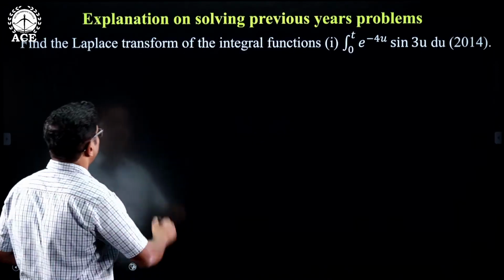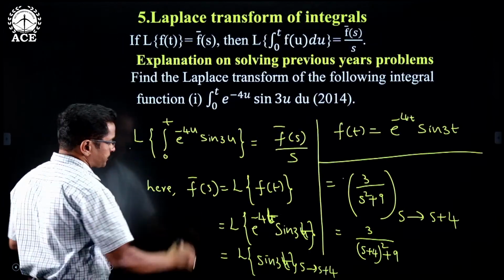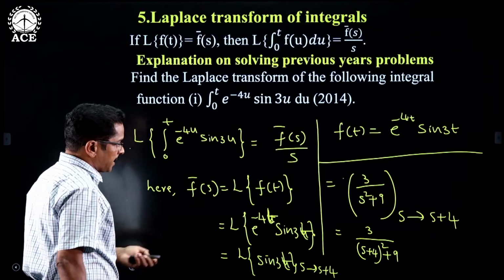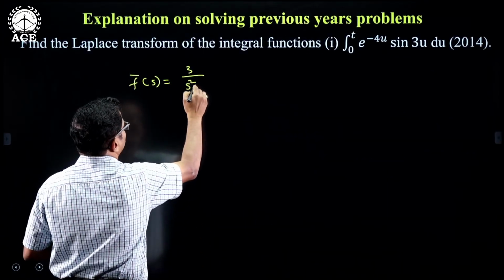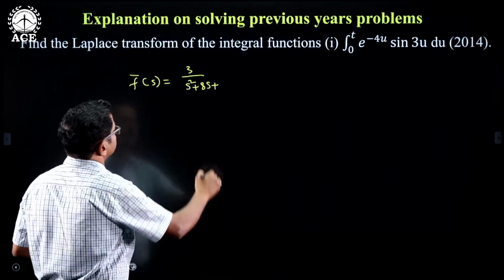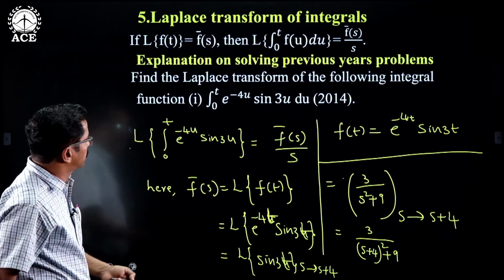Okay. So then f bar of s equals 3 by s square plus 8s plus 16 plus 9, 25. This is f bar of s.